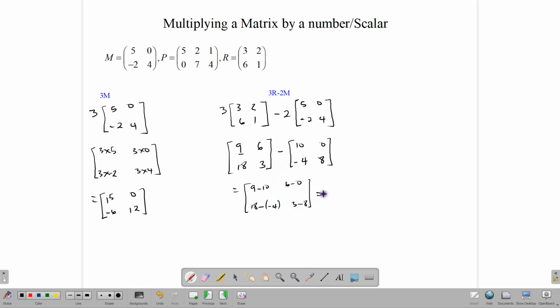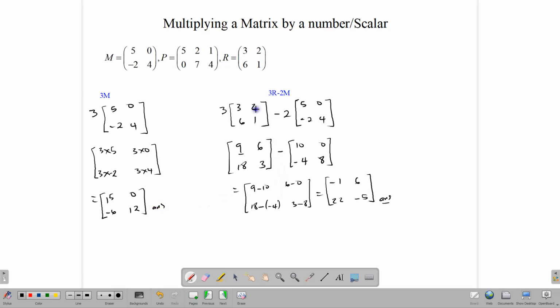And this leaves us with 9 take away 10 is negative 1. This is 6. This is 22. And this is negative 5. So this will be the result of multiplying out 3r minus 2m and doing that operation.